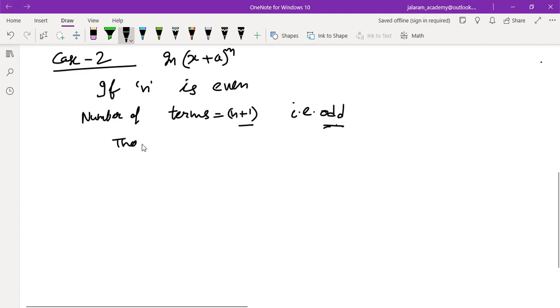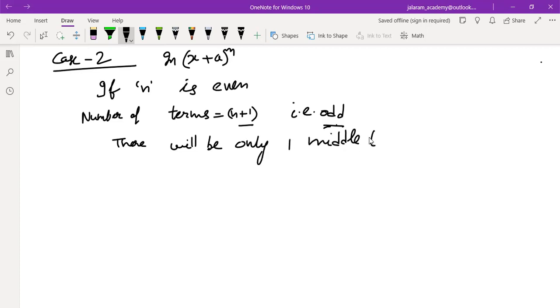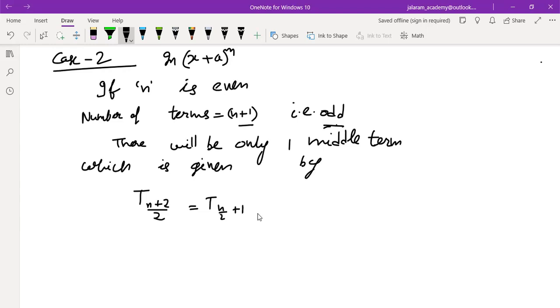So there will be only one middle term, which is given by T. Now we know that n plus 1 is odd. So if we add one more to this, it becomes n plus 2 by 2. That is T(n by 2 plus 1).